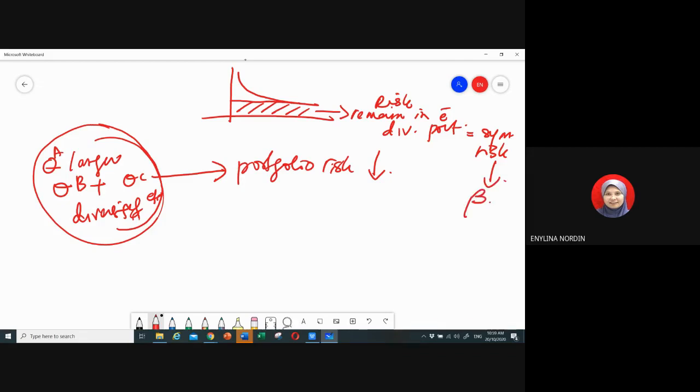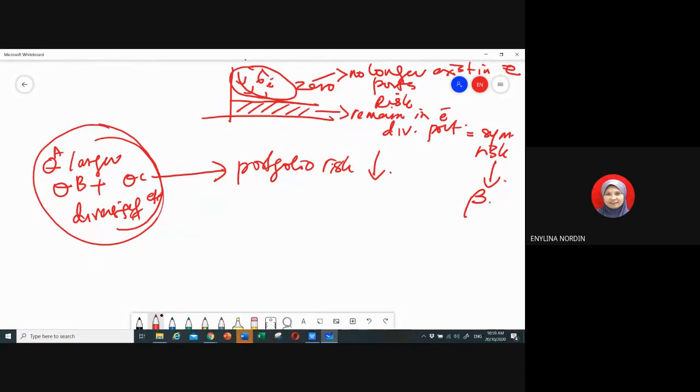What about this portion yang makin lama makin kurang? Yang ini dah jadi zero, they are no longer exist in the portfolio. Yang ini tadi measured by standard deviations of the stocks.